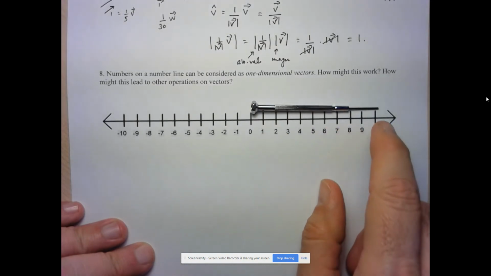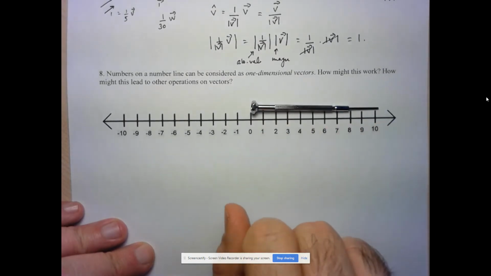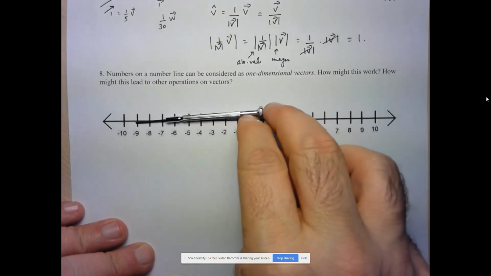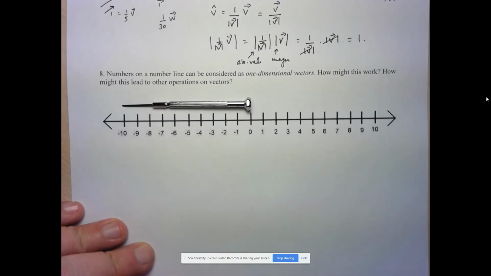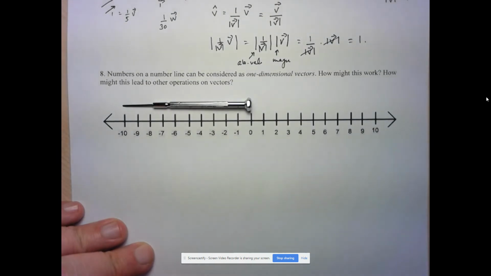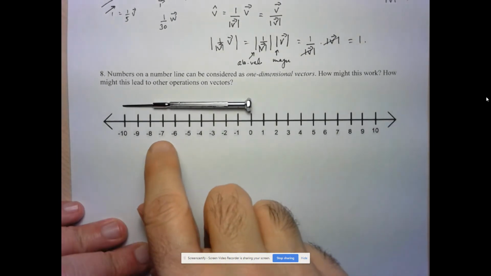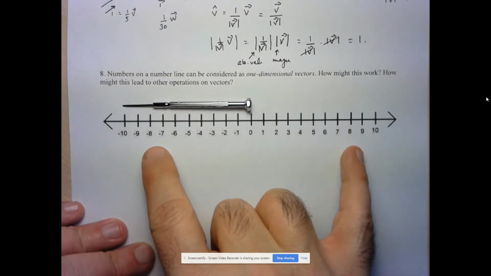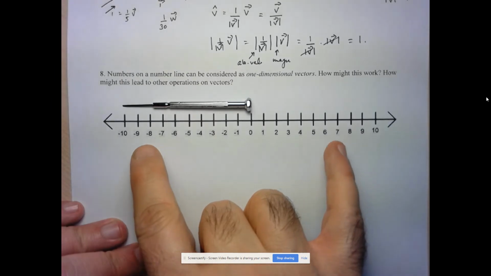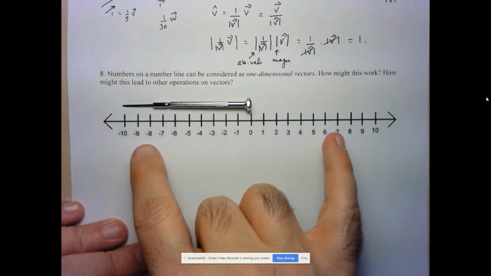We used to describe this as the number 10. This would just represent the vector going in the negative direction with a magnitude of 10, which we used to describe with negative 10.